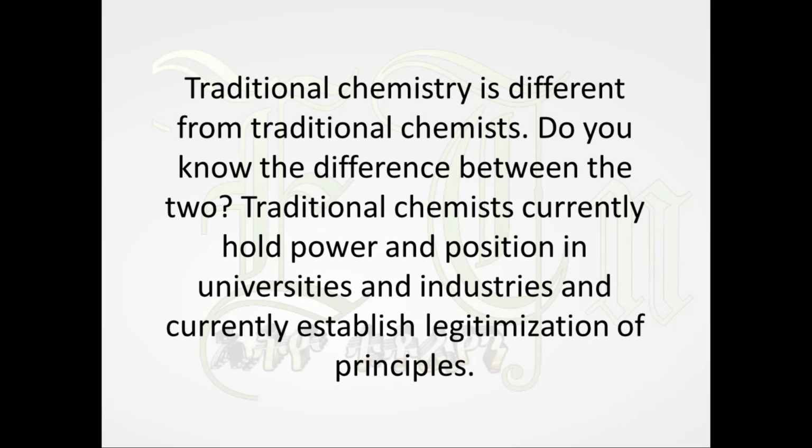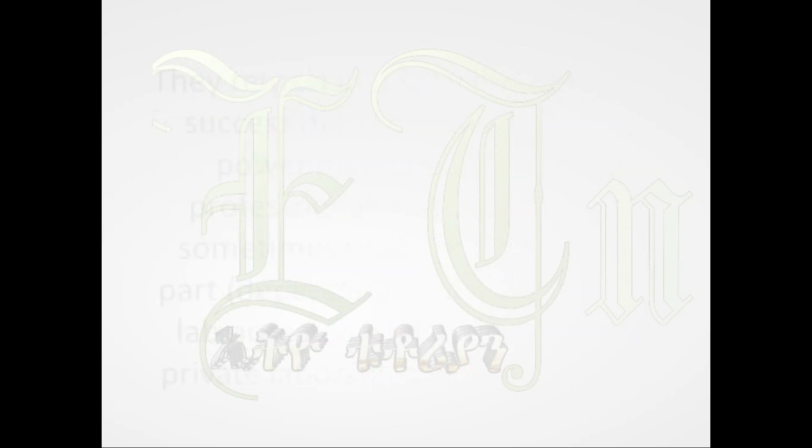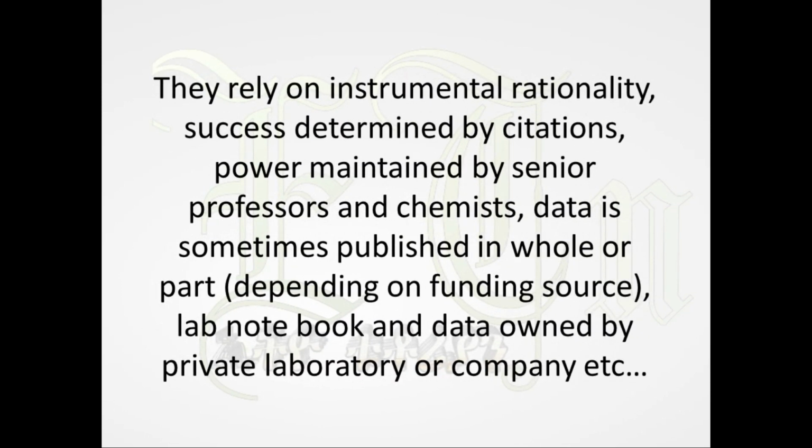Traditional chemistry is different from traditional chemists. Do you know the difference between the two? Traditional chemists currently hold power and position in universities and industries, and currently establish legitimization of principles. They rely on instrumental rationality, success determined by citations, power maintained by senior professors and chemists.